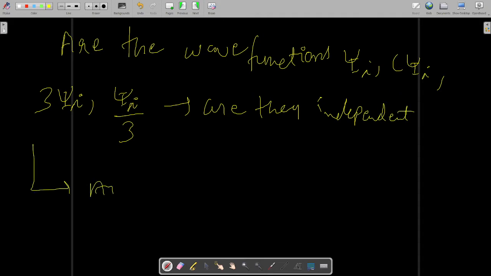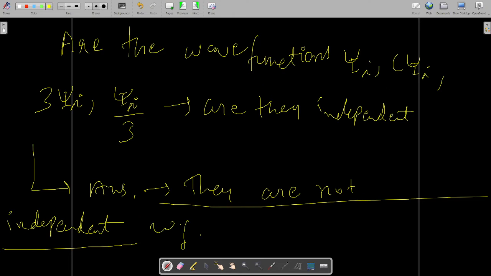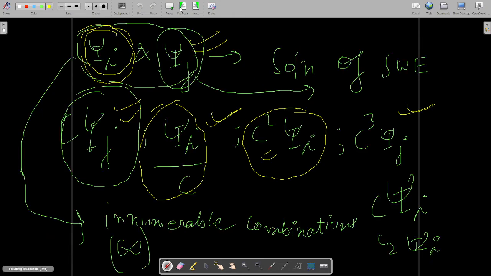Answer is no. They are dependent. They are not independent, because by multiplying or dividing by a constant I can obtain it. So they are not independent wave functions.